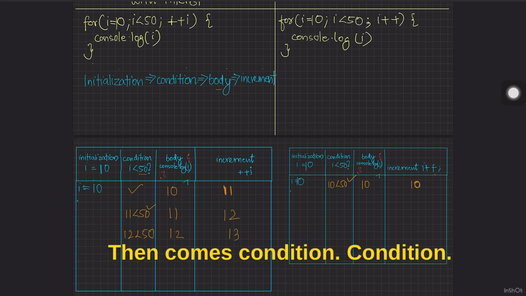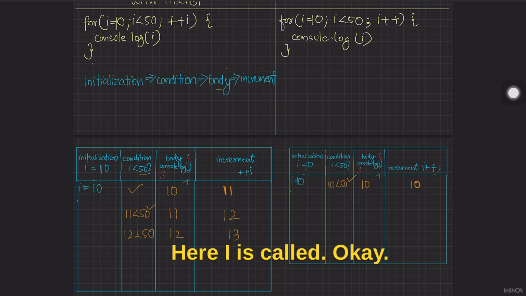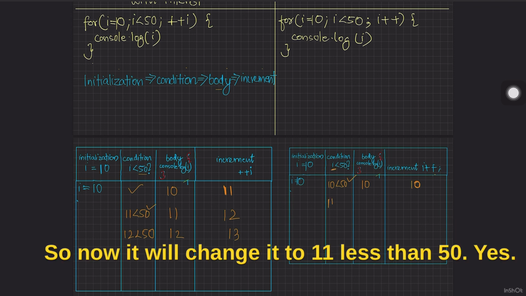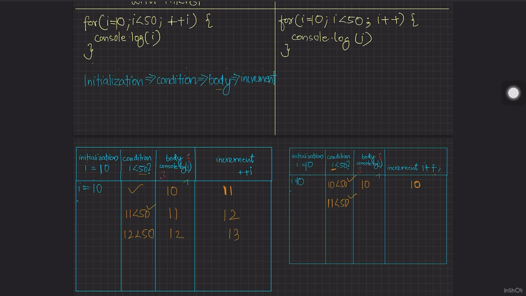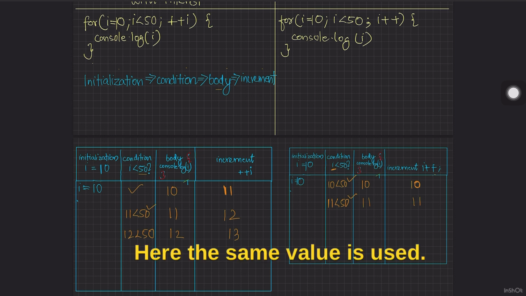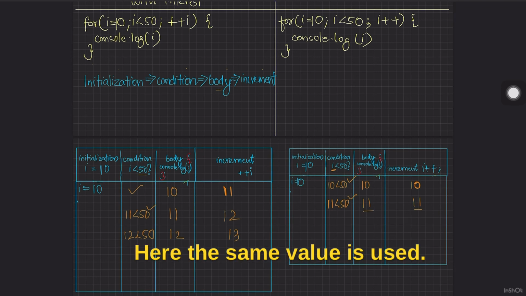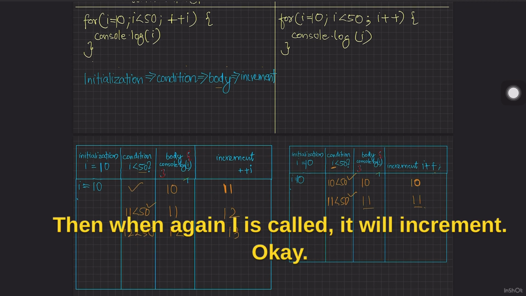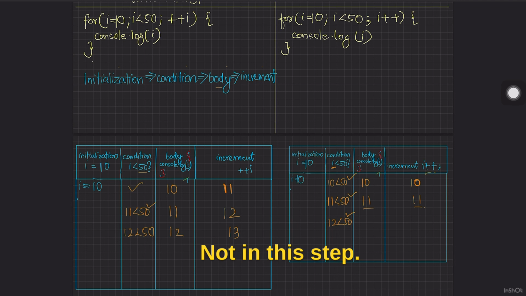Then comes the condition. Here i is called, so now it will change to 11. 11 less than 50, yes, true. Then it gets printed, 11. Here the same value is used. Then when i is called again, it will increment, not in this step.